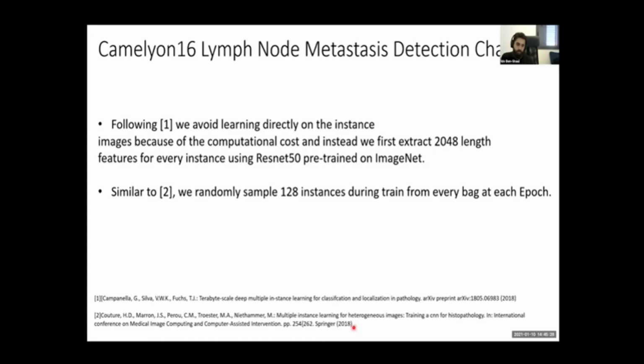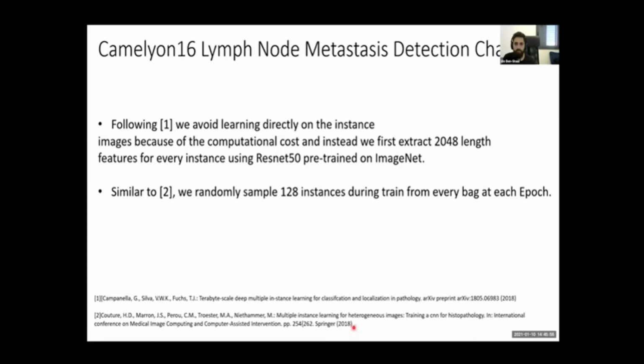We also tested this; at the beginning we tried with all the instances and it performed worse. One explanation is that because there are so many instances, the gradients being passed back aren't too meaningful. When you have 128 or some subsample, it can learn a bit better. It's sort of like an augmentation of some sort.